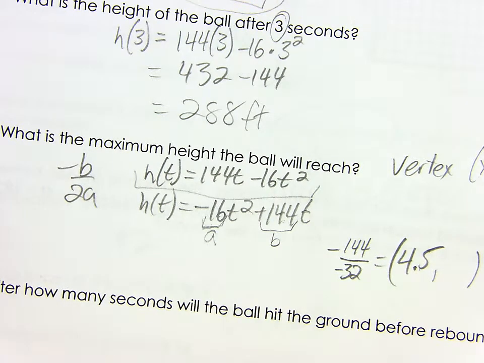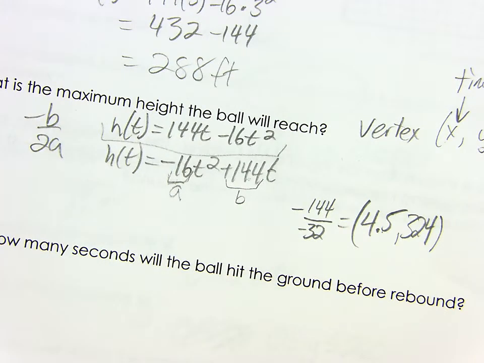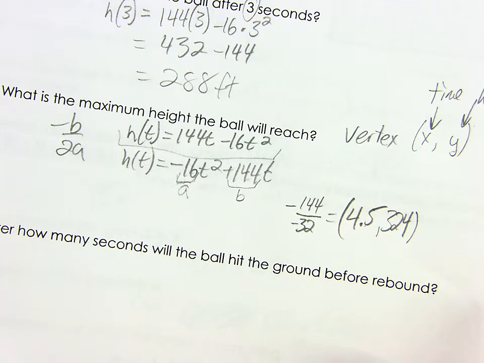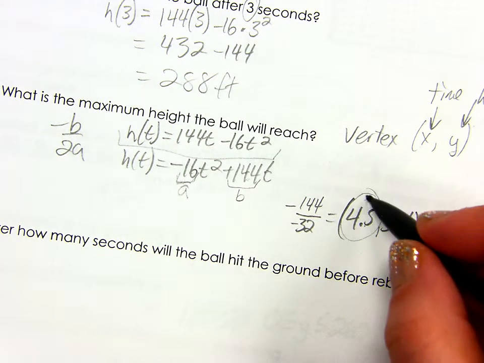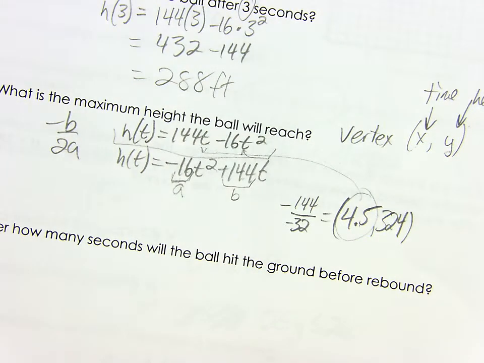You all have calculators, so it's not a big deal that it's 4.5. 144 times 4.5 minus 16 times 4.5 squared gets me 324. All I did was take 4.5 and plug it into my formula for t, and I just put it all on my calculator and let the calculator do the work for me.